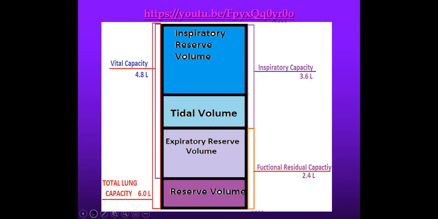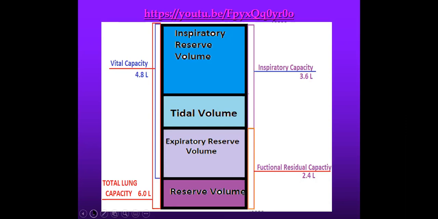Well, if FRC is ERV plus RV, then 1.2 and 1.2 is 2.4. So FRC is 2.4. FRC, 2.4 liters. Inspiratory capacity is 3.6 liters. Right?